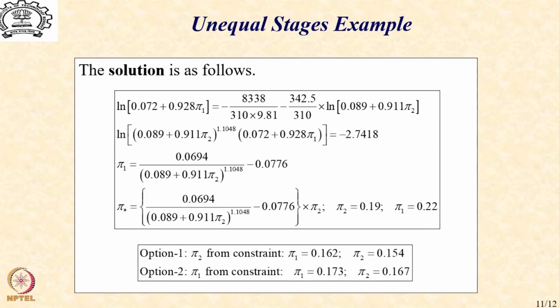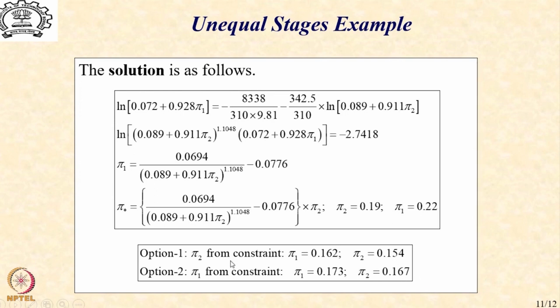Now, option 1 and option 2, as you can see, are obtained by interchanging the variables, and you will see that there is now a marginal difference between these two solutions.